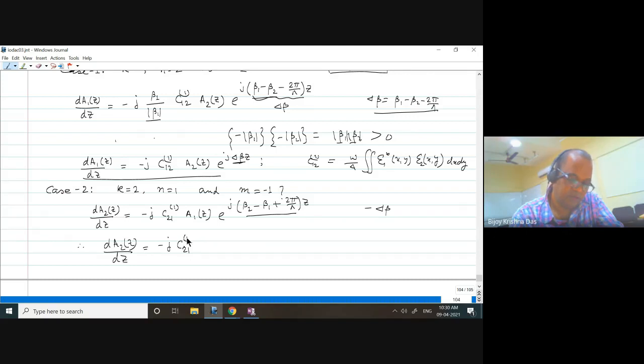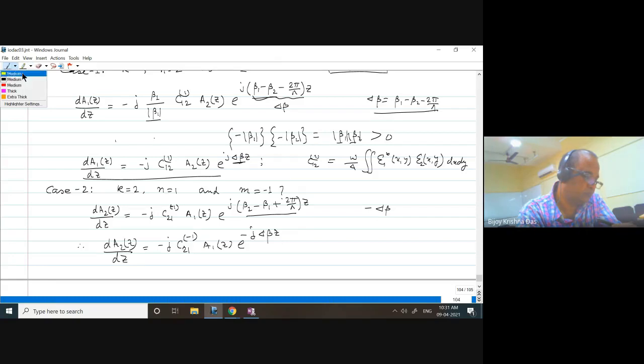And this should be because of the minus 1, and here I will be writing A1(z). So this should be minus 1 because m equal to minus 1 now, and e to the power minus j delta beta z. So I have my two equations.